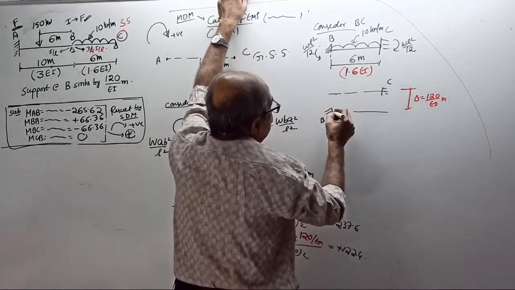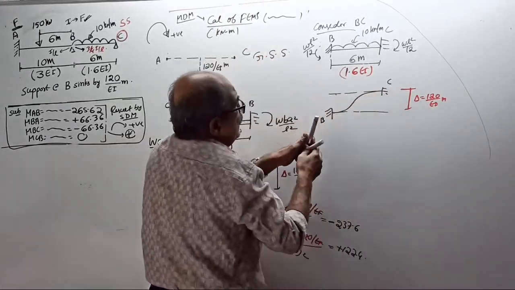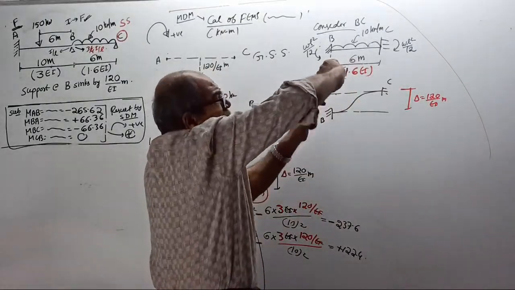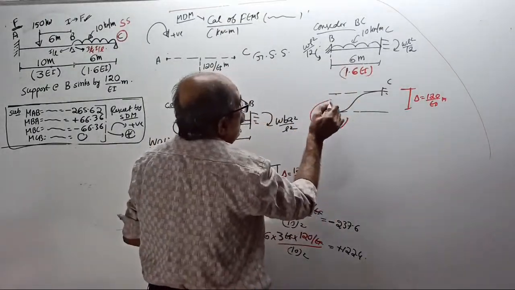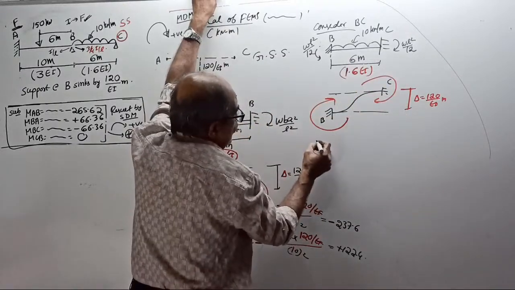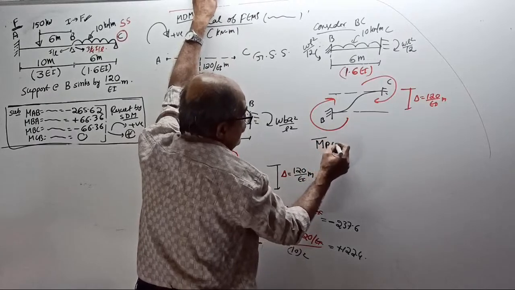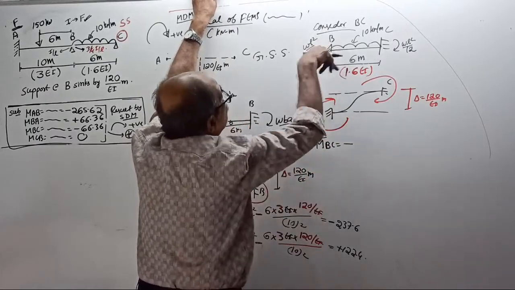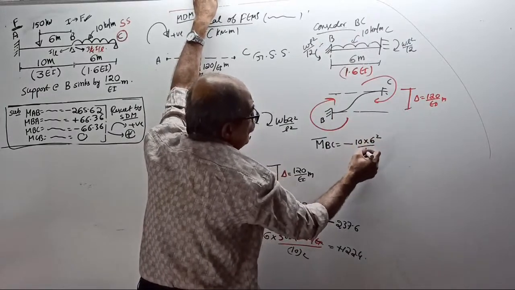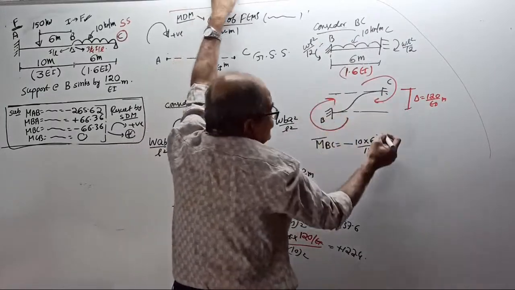The elastic curve will come this way. Therefore, I told you, if the elastic curve goes this way, FPM will be clockwise. Be very careful, clockwise, so use positive sign. Therefore, your M bar BC equals minus W 10 into 6 square divided by 12, then plus.